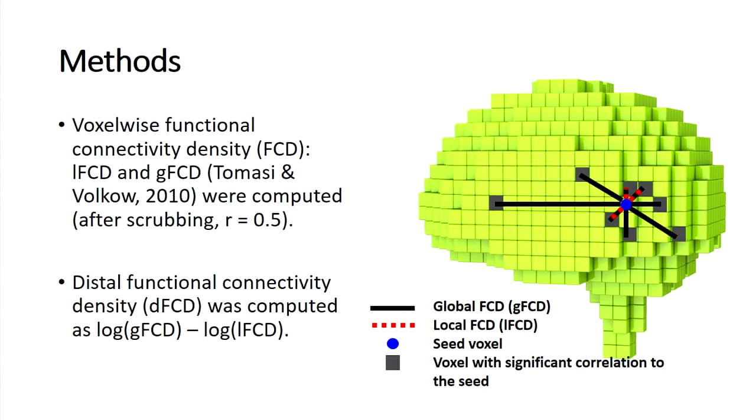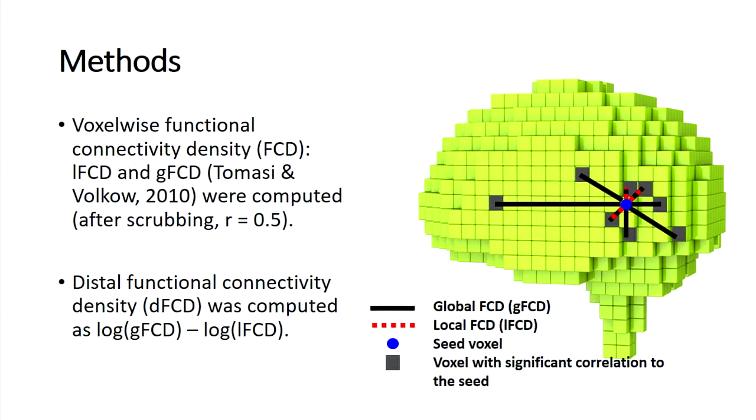Okay, for characterizing functional connectivity in the lab, we use a technique called functional connectivity density, which can give you a proxy for local and global functional connectivity, in a way that the properties are the same type.